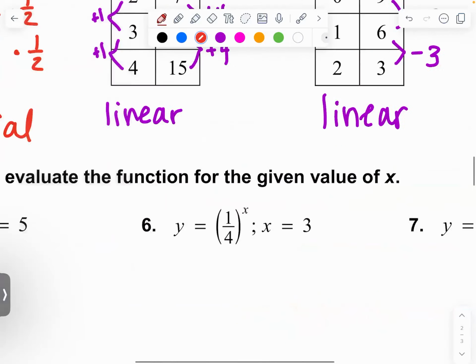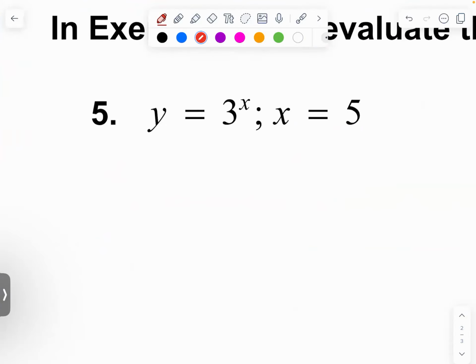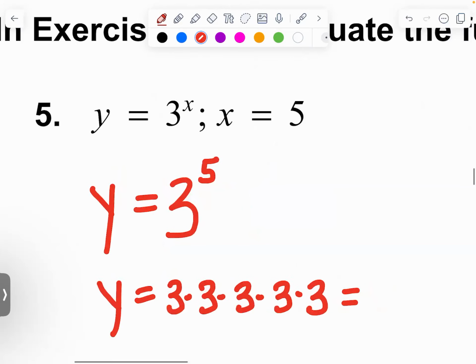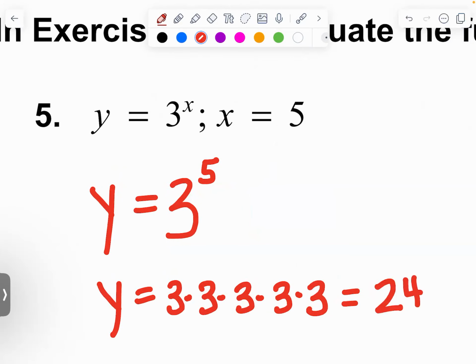Okay, now let's go down here. I want you to make sure that you can do this. Oh my goodness, people. Deep breath. x is 5, so I'm going to write y equals 3 to the x, and replace x with 5. 243.